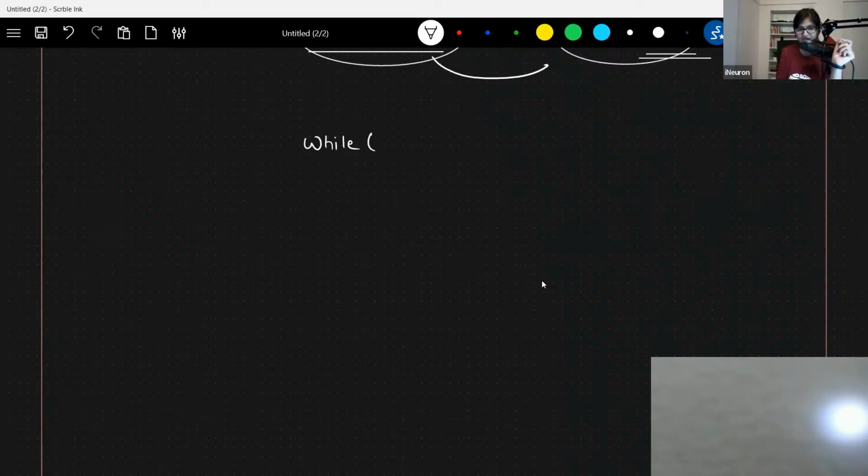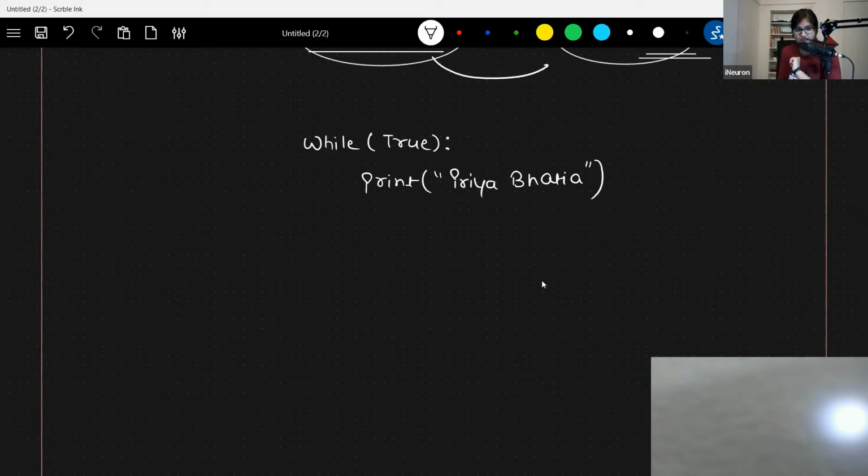While there is some condition, and I am saying that the condition will be true. Is this code perfectly fine?